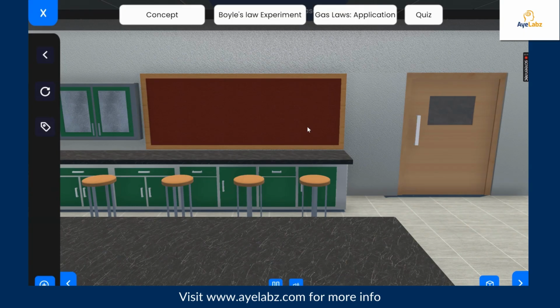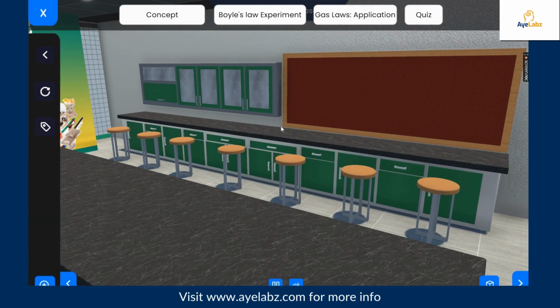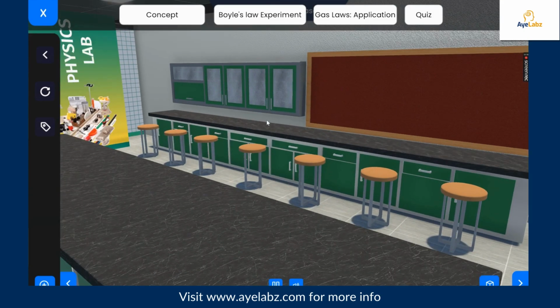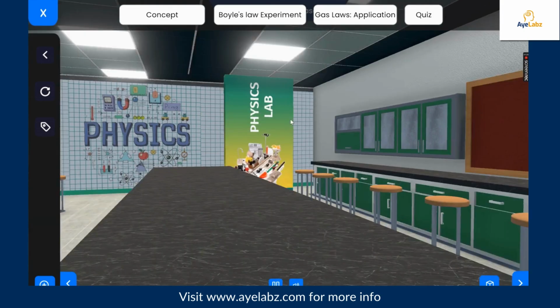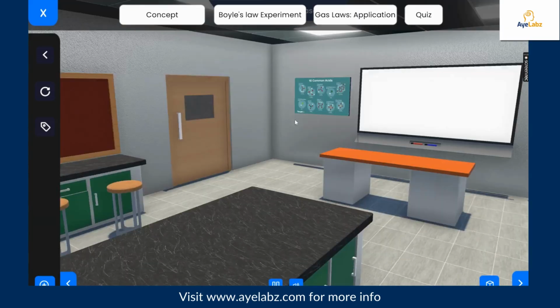This simulation offers you a range of perspectives. By using your mouse button, by click, hold and drag, you can view different angles of our physics lab.